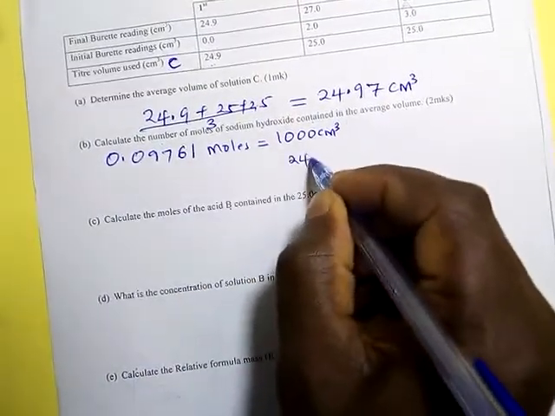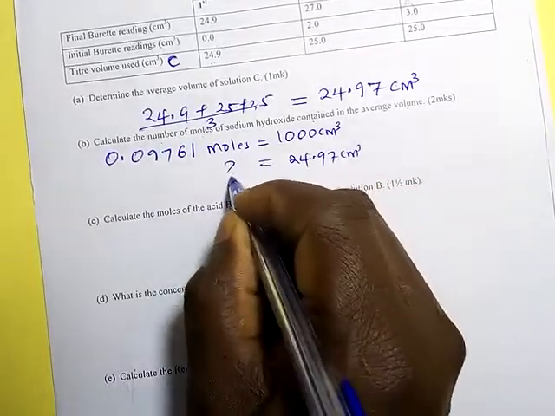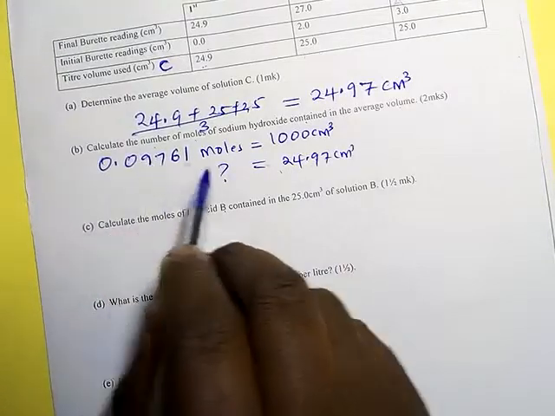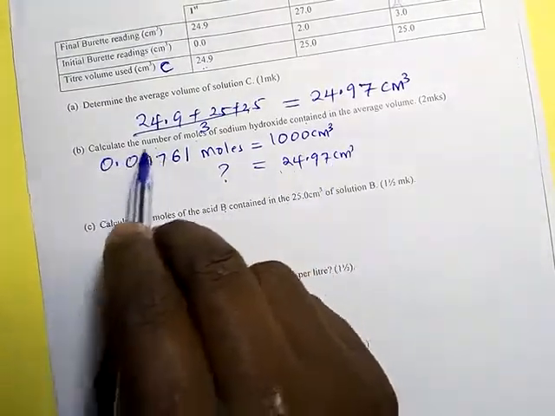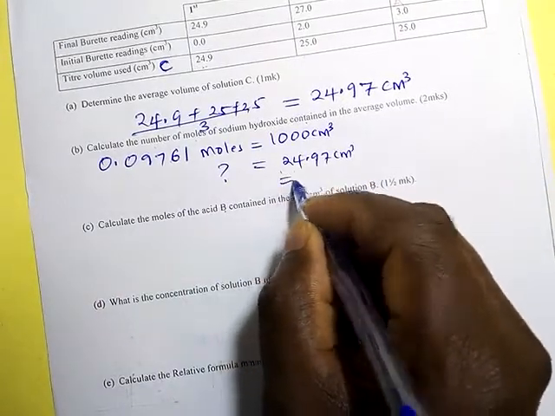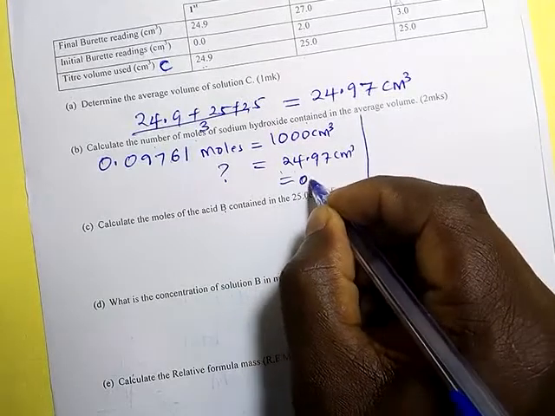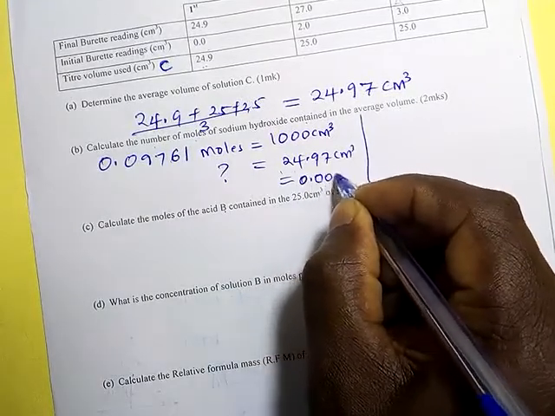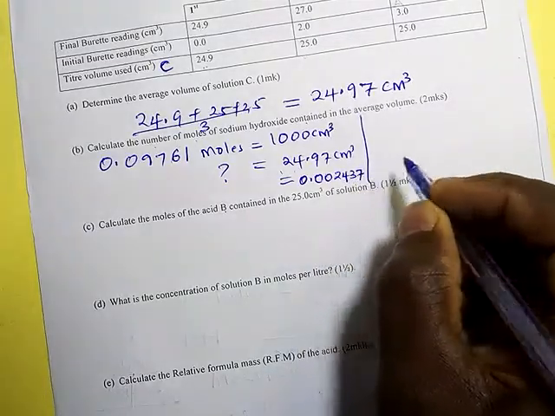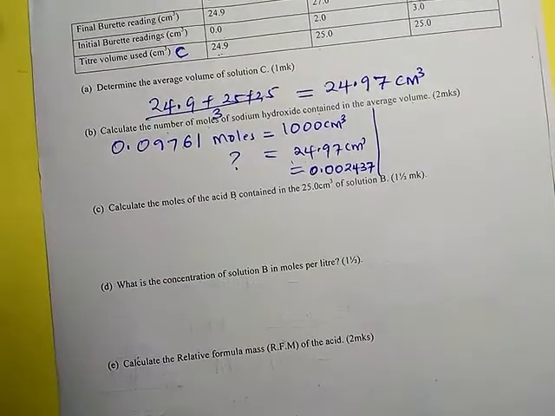Here is 24.97 centimeters cubed of that solution C. This volume, 24.97, times this number of moles divided by 1,000, and that one will give us 0.00237 moles. So that is the number of moles that were used here.